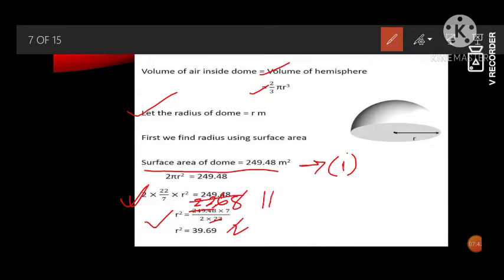So we will get 1, 1, 3, 4, and again it can be cancelled with 3. So we will get 5, 6, 7 into 7. Sorry, so 5.67 into 7. On multiplying, we will get r square is equals to 39.69.